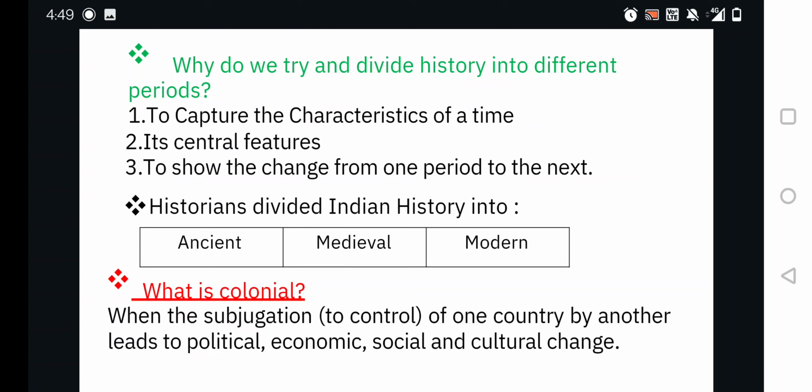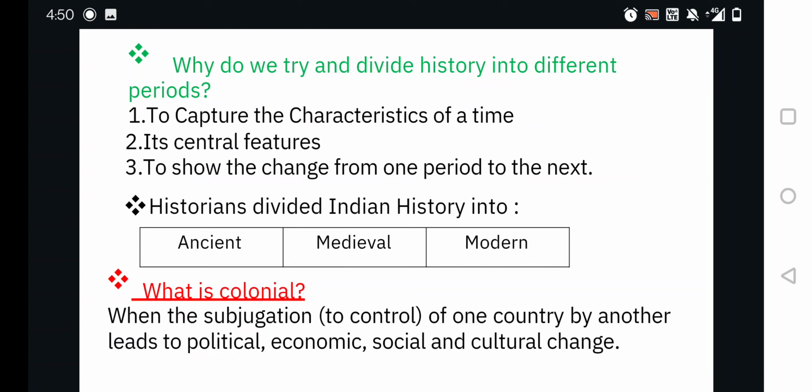So what is the meaning of colonial? When the subjugation or the control or the domination of one powerful country over a weak country leads to political, economic, social, and cultural change, that is known as colonial. So India became a colony of the British Empire.